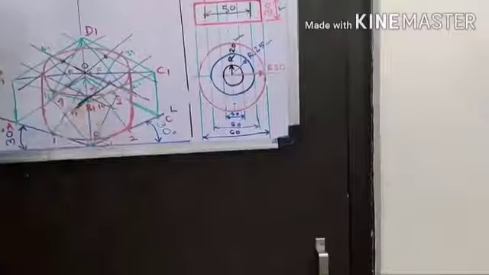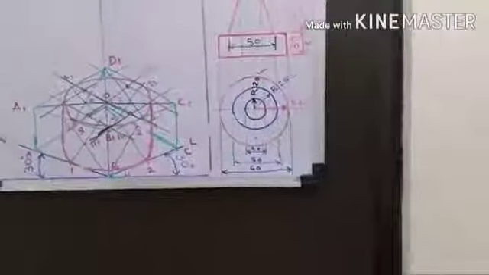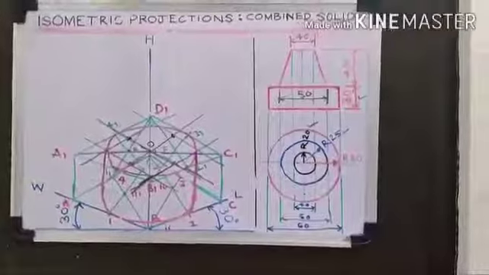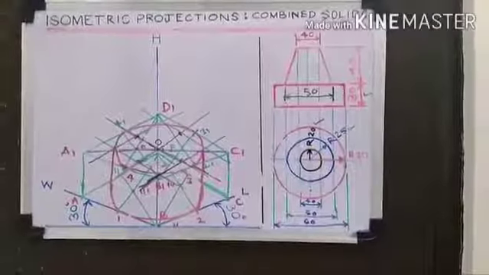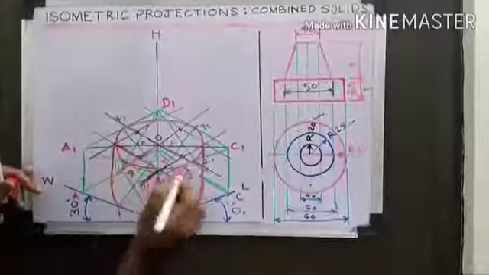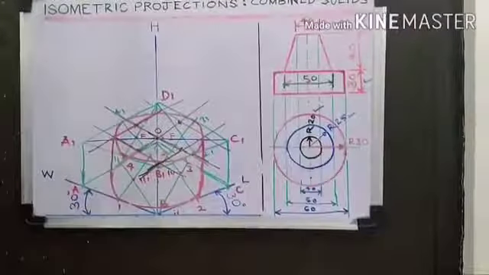Got it? Now you can observe you are having the rhombus of size 50 by 50. This is 50. This is 50. Got it?